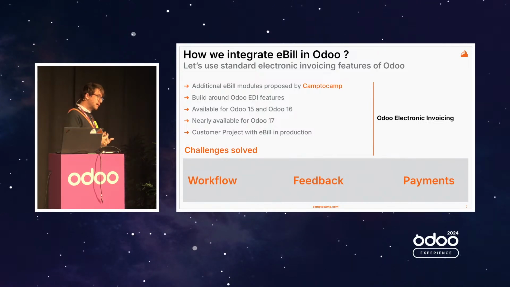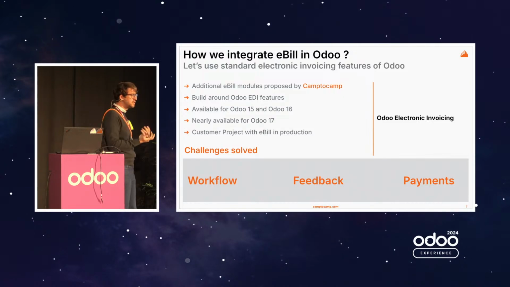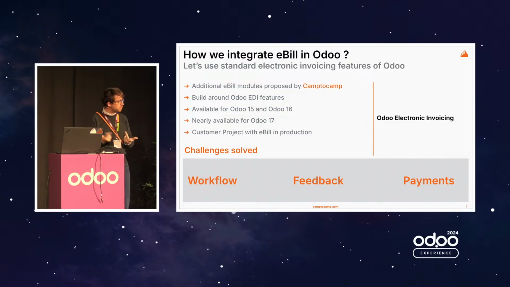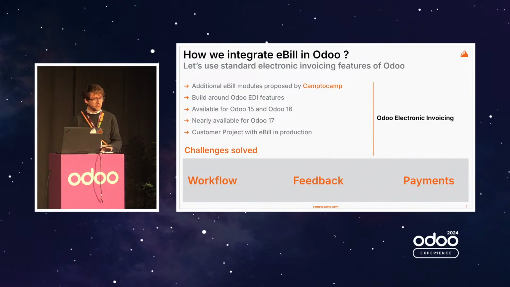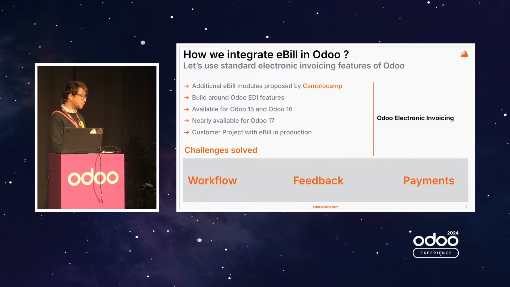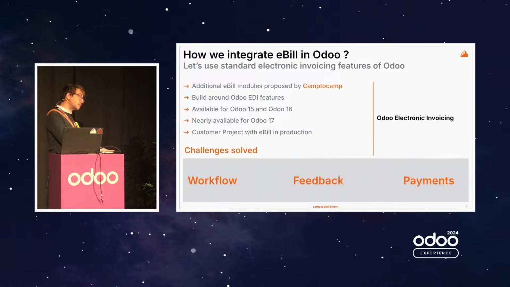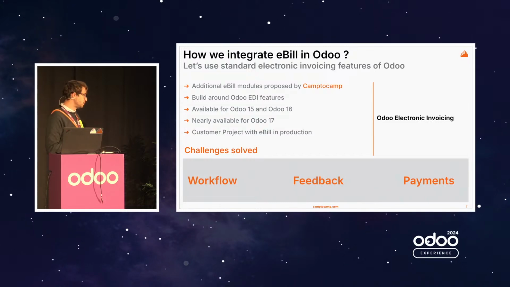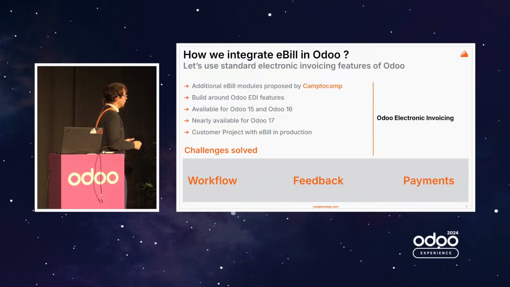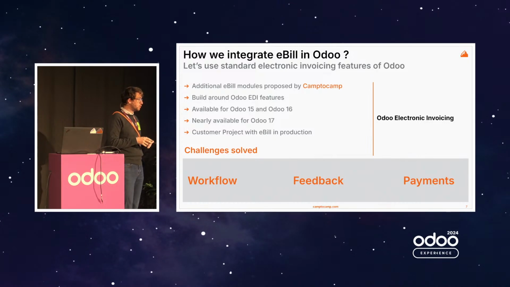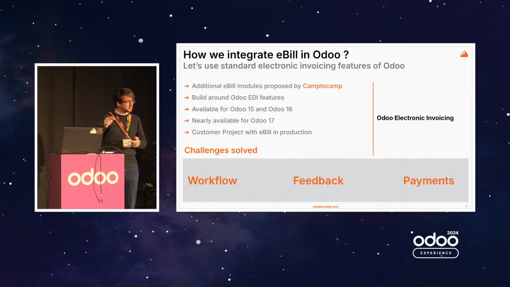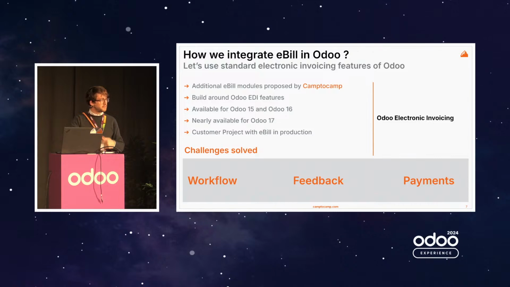Another problem we talked about before is managing issues like bad reference, bad price, bad customer information. In that case, to solve that, I needed to generate an invoice again and send it back to the eBill platform. If everything is in Odoo, you just have to put the invoice in draft, correct the information, confirm it, and send it again.